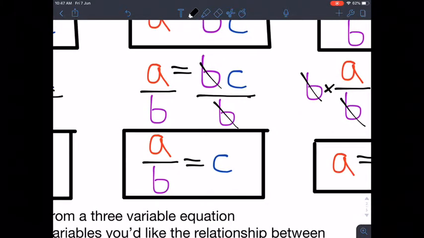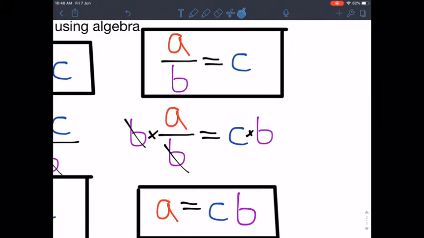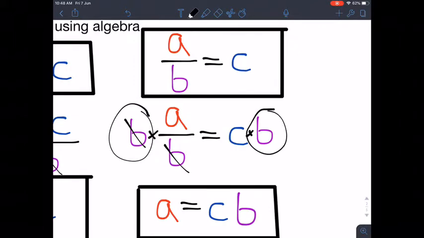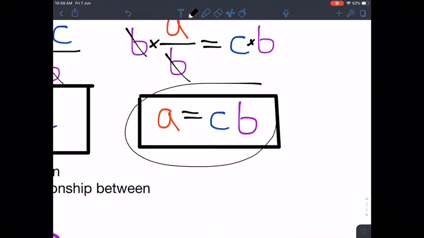The B's are going to cancel out, and I'm going to get this equation, which allows me to easily solve for C. Over here, if I start with an equation that has a fraction, let's say I want to solve for A. Then what I would do is multiply both sides by B, because again, the fundamental rule of algebra is whatever you do to one side, you have to do to the other side. The B's are going to cancel out right here, and I'm going to be left with this nice equation that is already solved for A.